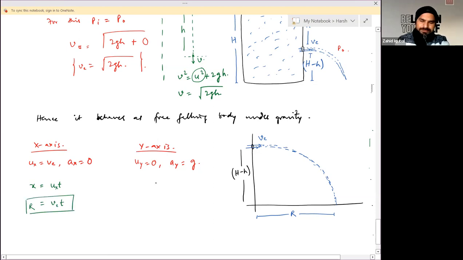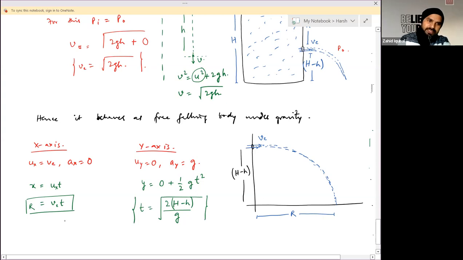Now, along y-axis, S equals ut plus half at square. Y for this particular term, that is the height of hole from the ground, is H minus h. So on rearranging, you'll get root under 2 times (H minus h) divided by gravity. This particular term will be called time of flight.